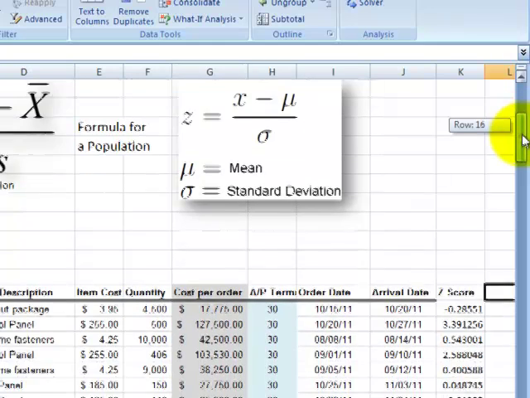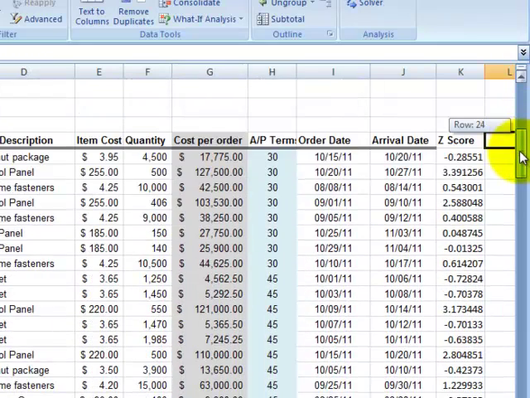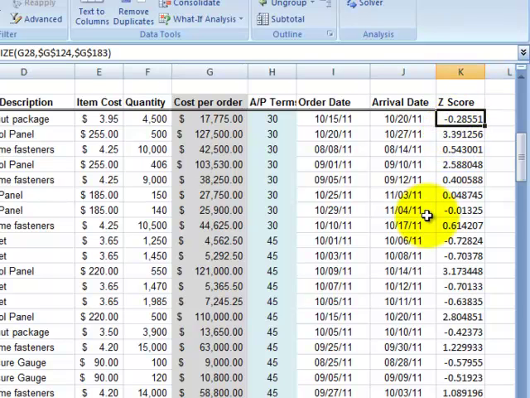So I took this purchase order data, and if I wanted to know the z-score for any one, notice there's a function. I don't have to do the calculations, or I could. It's called STANDARDIZE. Let me do it for you in this query.